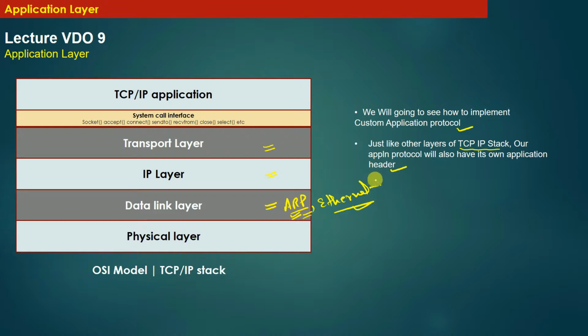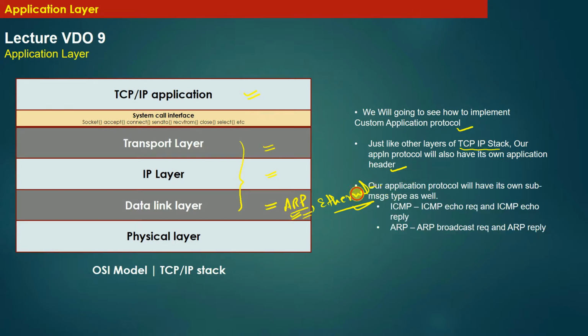So you can see that all the layers of the TCP/IP stack have their own set of headers. Then why should the application layer not have its own set of headers? We are going to write an application protocol which will have its own set of headers. Our application protocol will also have its own sub message types.